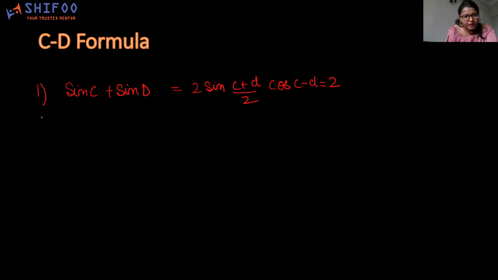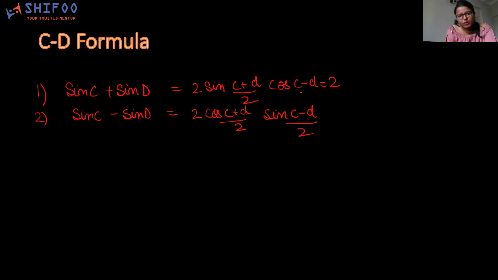If you move to the second, that is sine C minus sine D, that will be 2 cos C plus D by 2 sine C minus D by 2.